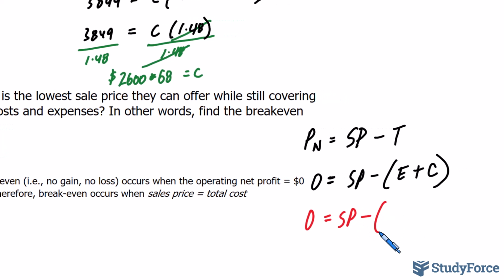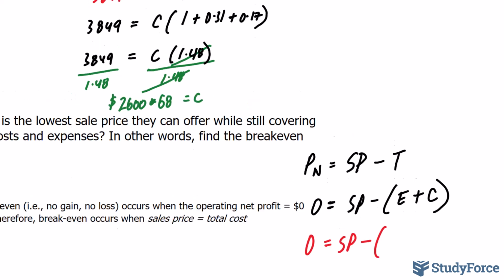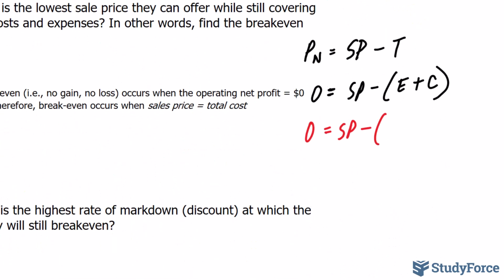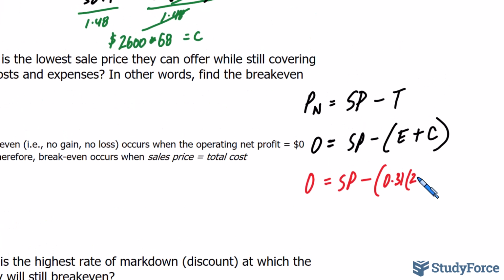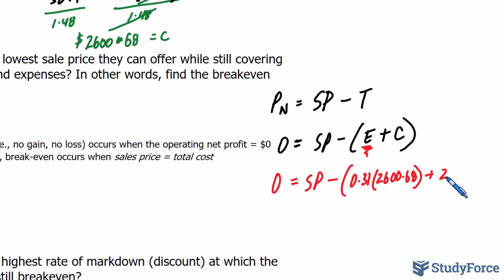Take away your expenses, which was 31% of C. I'll write down 0.31 times what we found for the cost, 2,600.68. So that's E plus the cost itself. And the cost itself is $2,600.68.